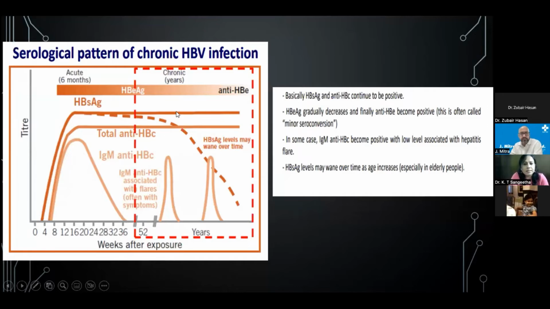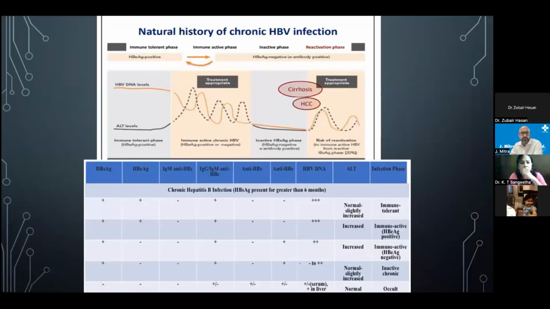The HBe antigen may wane over time as age increases, usually in the elderly population. Now let's see how to diagnose each phase of chronic hepatitis B infection. The different phases are the immunotolerant phase, the immune active phase, the inactive phase, and the reactivation phase.